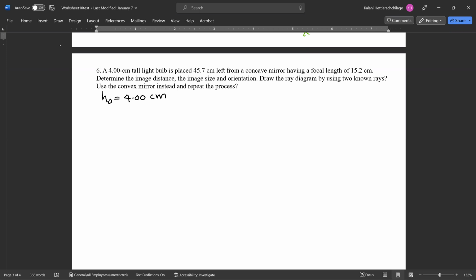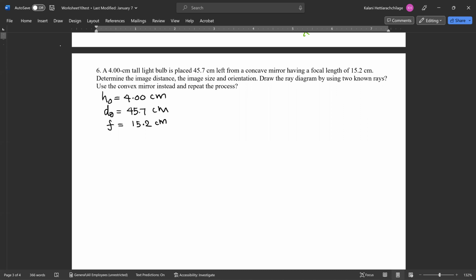So you have d naught given as 45.7 from the concave mirror, and the focal length of the concave mirror is positive 15.2 centimeters.